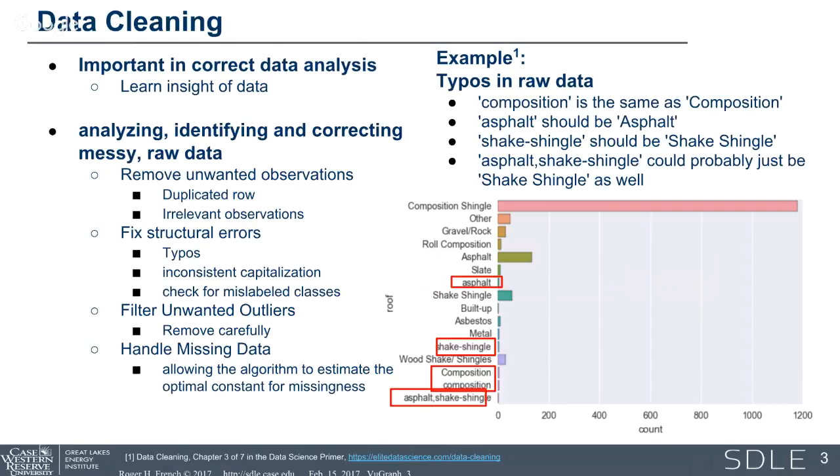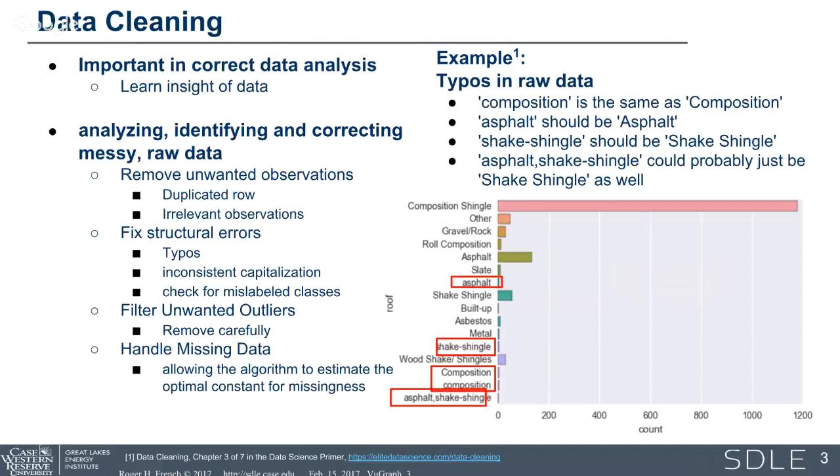And it's quite useful because you can learn more insight into your data and then you can trust your data analysis results, for example, your model. With messy raw data, you may get some model results that may not be convincing or not correct. So data cleaning is actually to analyze, identify, and correct the messy raw data.